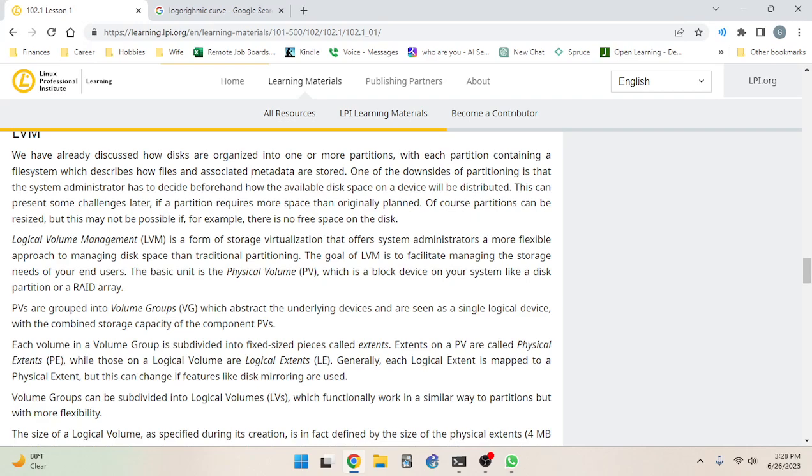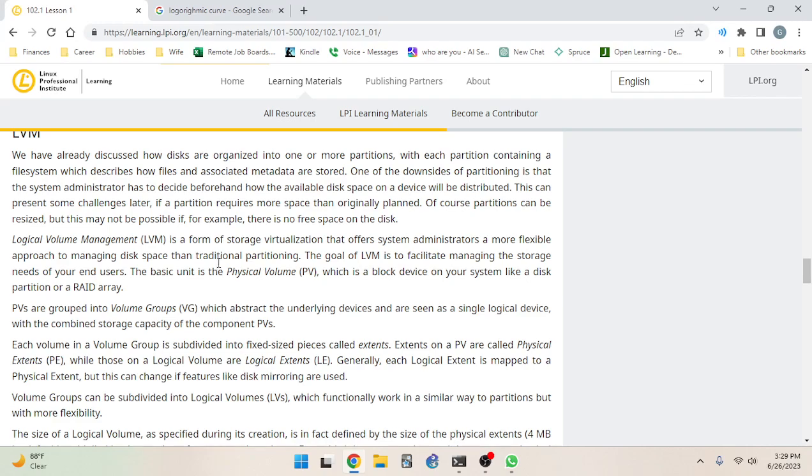The basic unit is the physical volume, PV, which is a block device on your system like a disk partition or a RAID array. PVs are grouped into volume groups, VG, which abstract the underlying devices and are seen as a single logical device with the combined storage capacity of the component PVs.